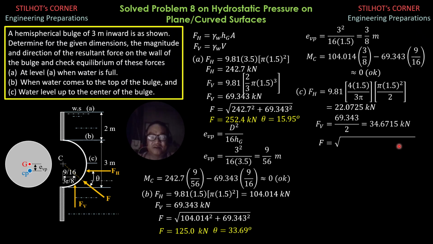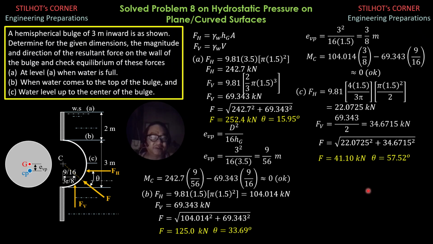So F equals square root of 22.0725 square plus 34.6715 square, and that is equal to 41.10 kilonewtons. And theta that F makes with horizontal is inverse tangent of 34.6715 over 22.0725, and that's 57.52 degrees.